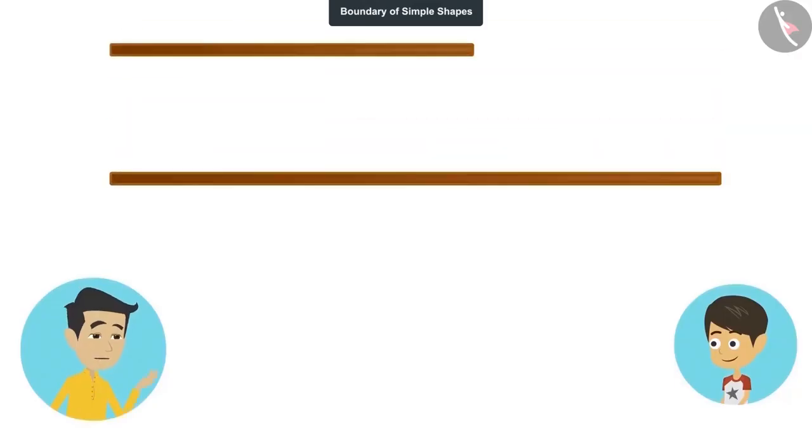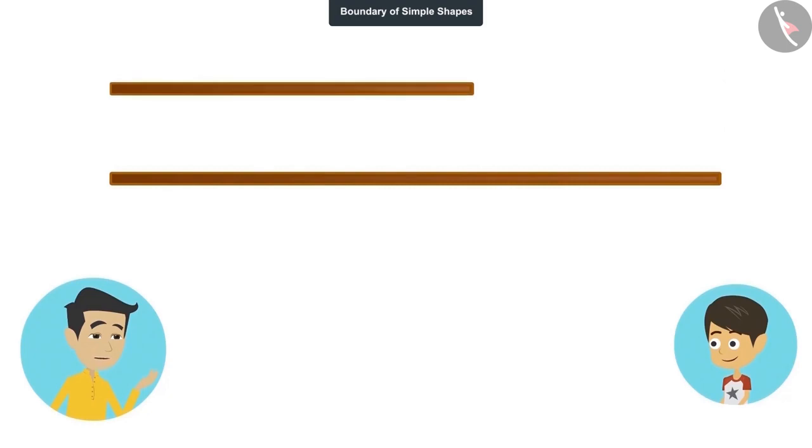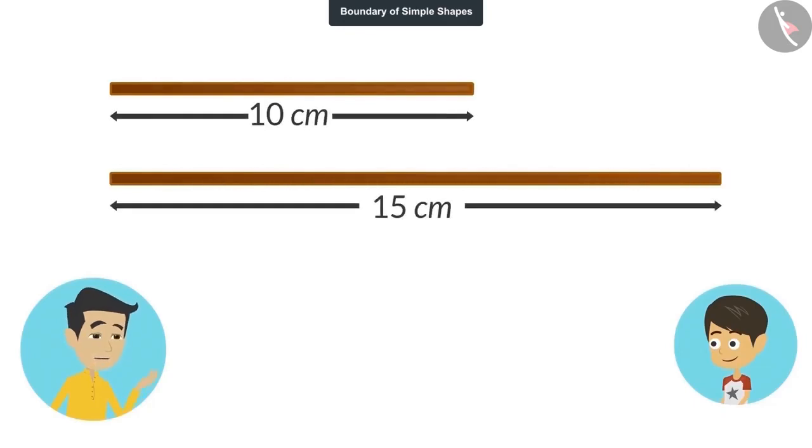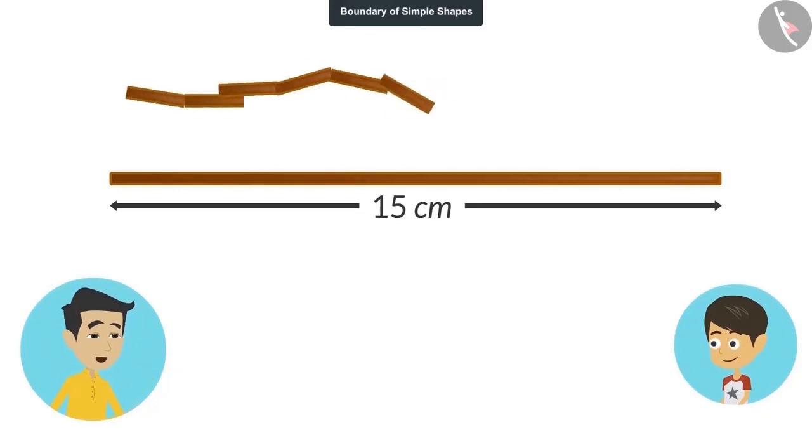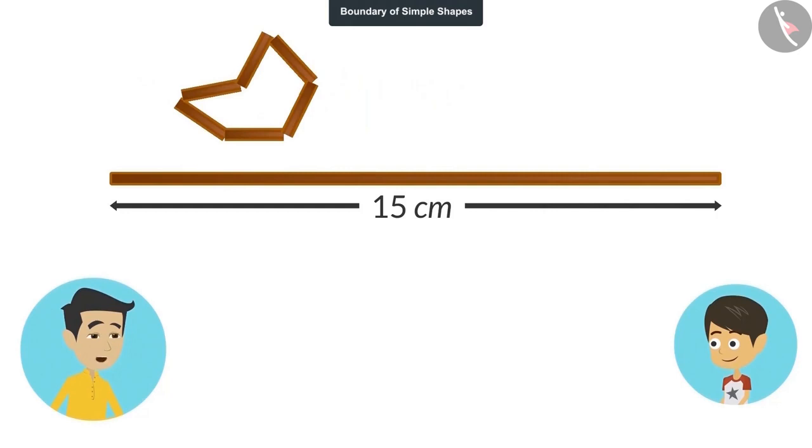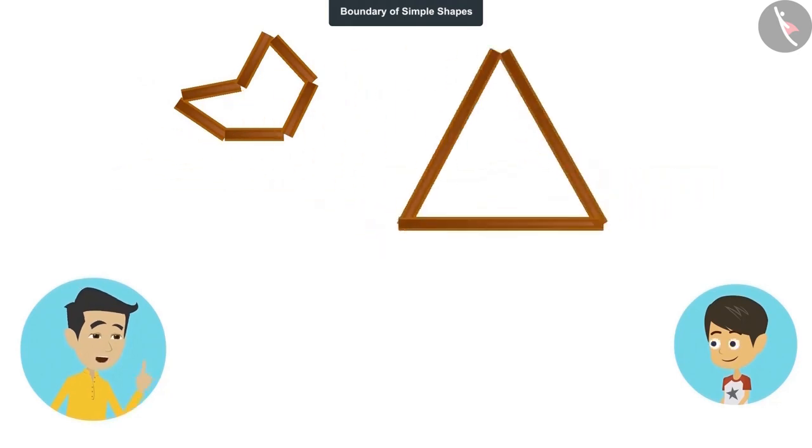See, let's take 2 thin sticks of different sizes. The short stick is 10 centimeters long and the long one is 15 centimeters long. Now let's cut the short stick into 6 pieces and make a shape. And now cut the long stick into three pieces and make another shape.